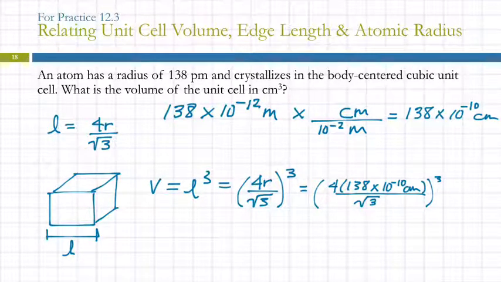I'm going to do 4 times 138 EE minus 10 divided by square root of 3. And then I'm going to raise that to the third power. Well, I think that might want some parentheses.